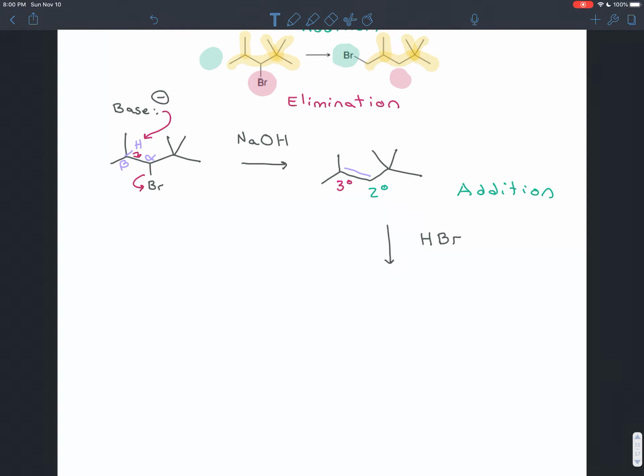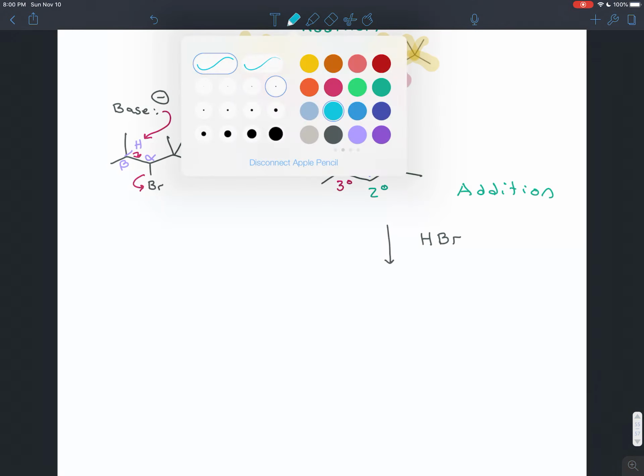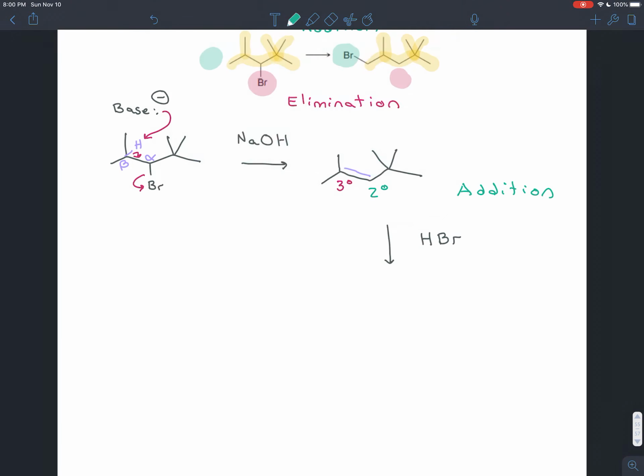We want the leaving group to go on the more substituted carbon. This way, when we eliminate it, we can create a double bond further to the left. So we want the bromine to go on carbon number 3. That means we want the hydrogen to go on the secondary carbon, the less substituted position. That means we want to do Markovnikov addition.